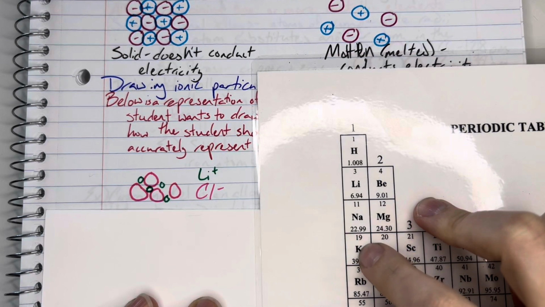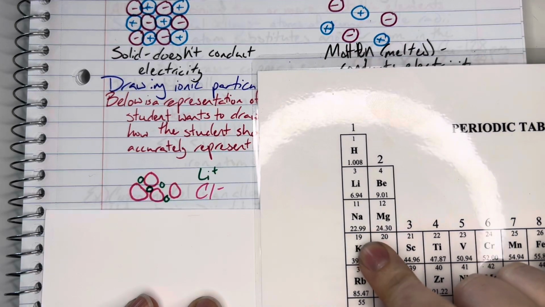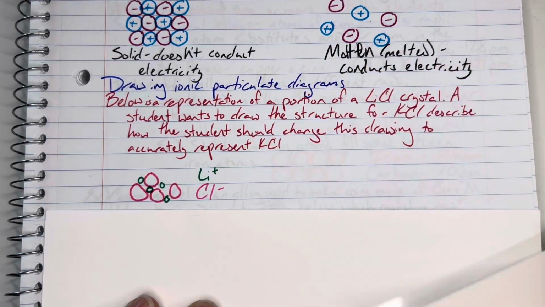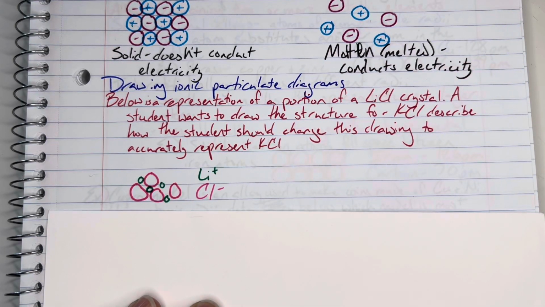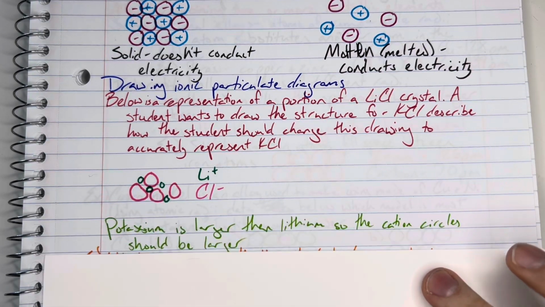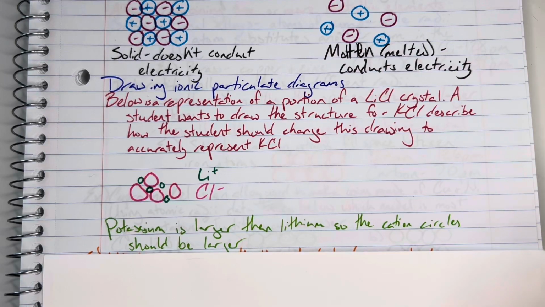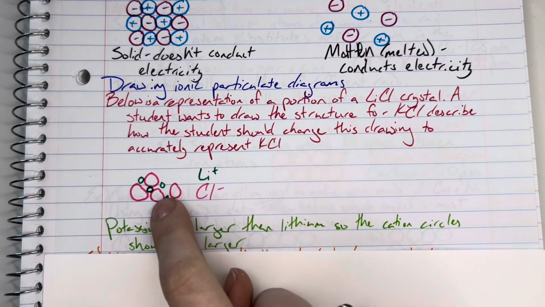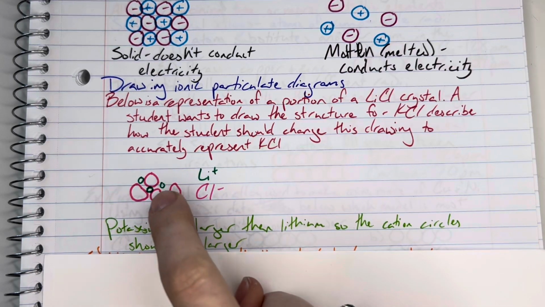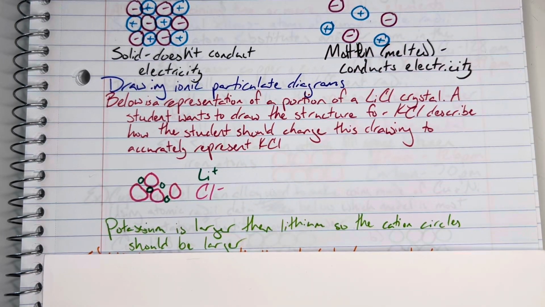I'm going to see that my potassium is going to be larger than my lithium. And so for my differential between these two diagrams, I would need to make my potassium ions larger. So my positive cation circles, they need to be larger.